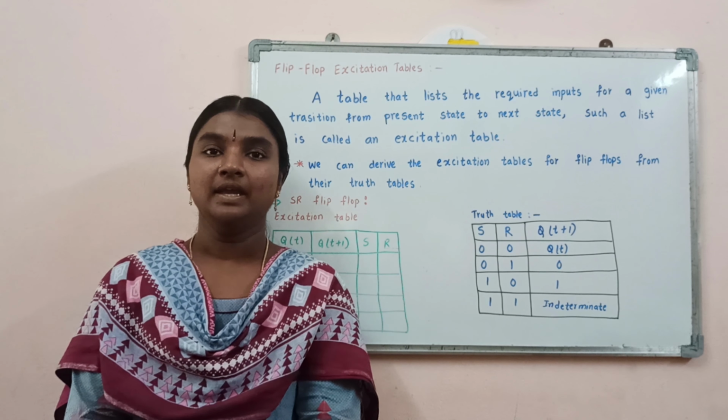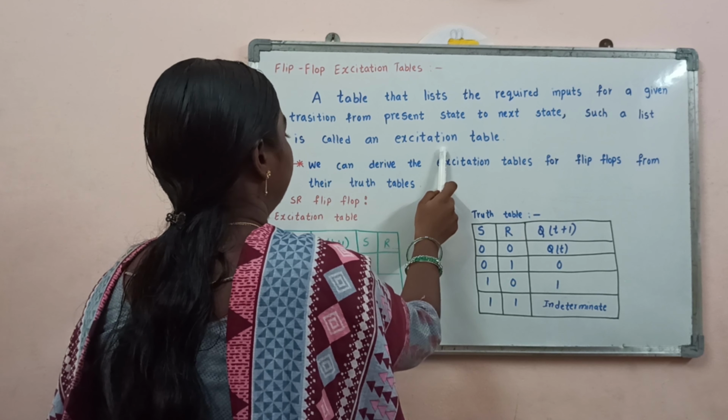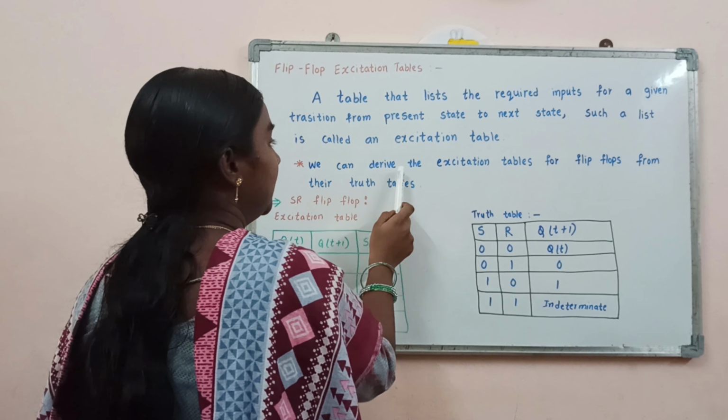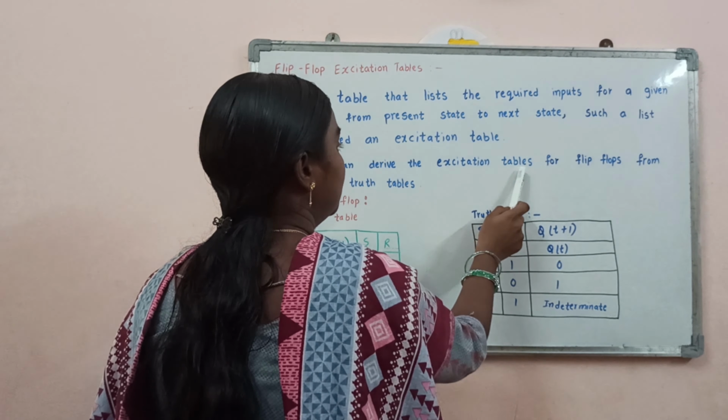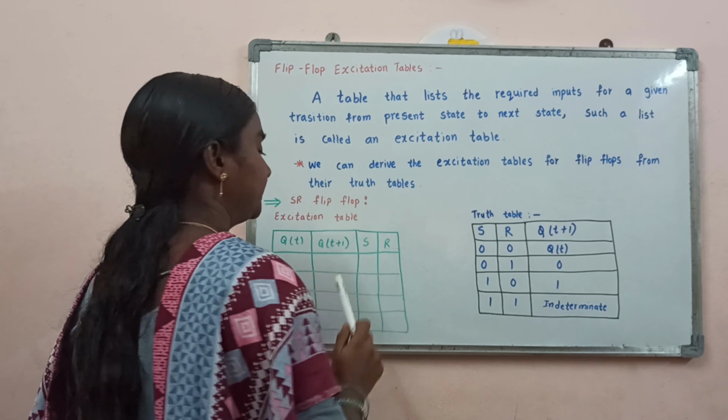Here, a table that lists the required inputs for a given transition from present state to next state is called an excitation table. We can derive the excitation tables for flip-flops from their truth tables.